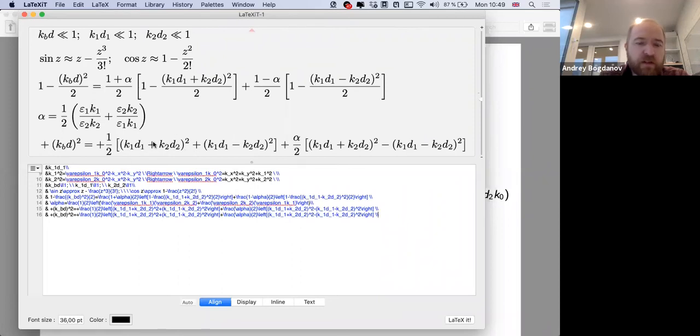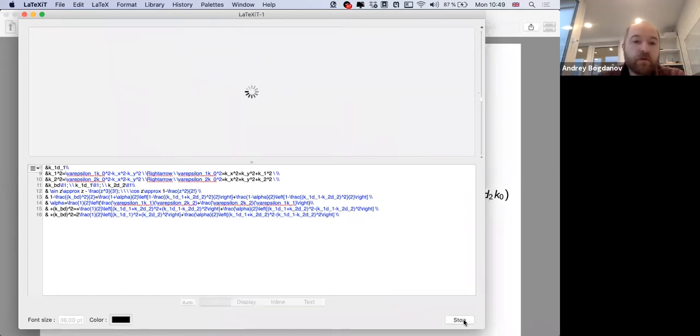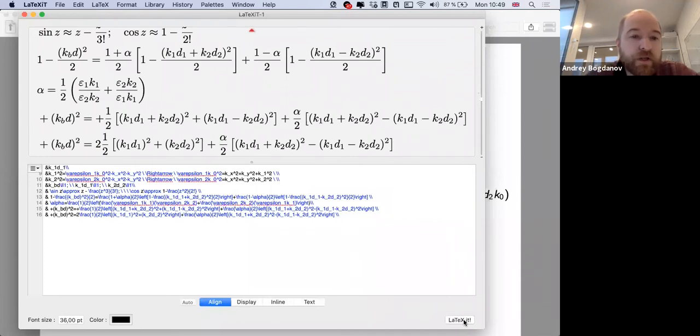It seems that the cross term is cancelled out, and I can write here K2 D2 squared, with factor 2. This is just the first bracket, guys.